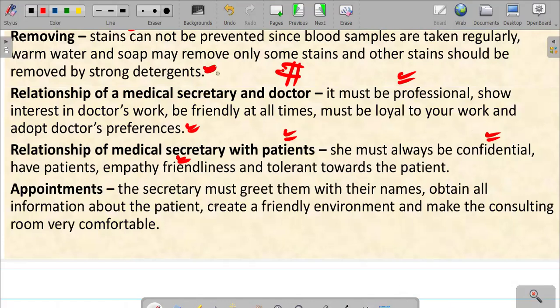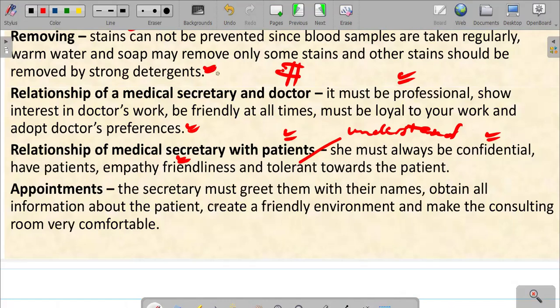And then we are saying tolerant towards patients, because of their illnesses and diseases, sometimes they are hard and difficult to work with. So the medical secretary must always understand the patients, because patients are people who are not okay.